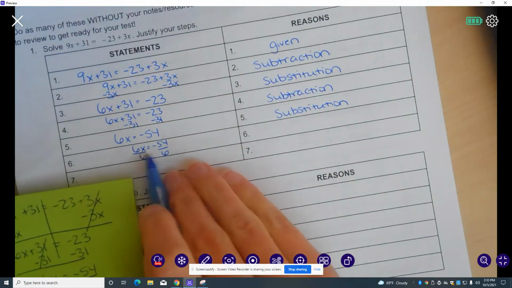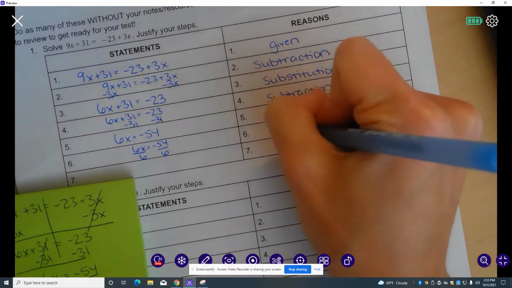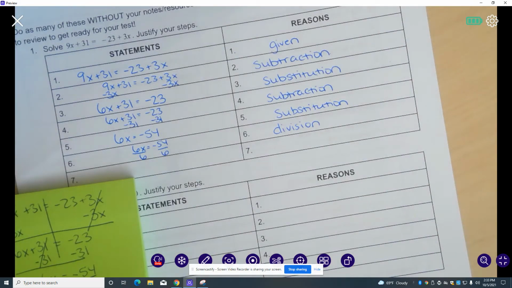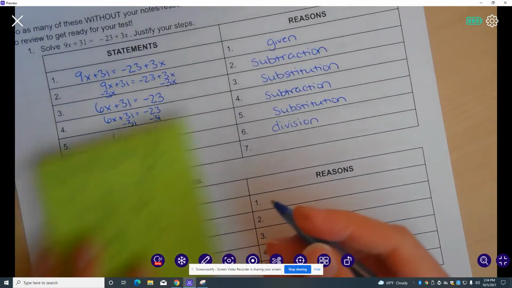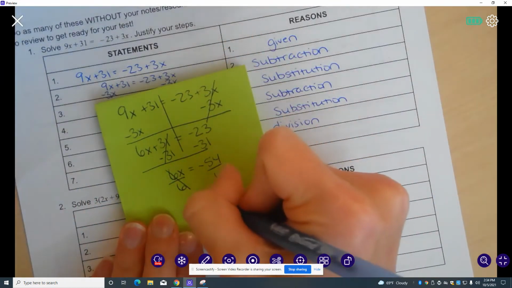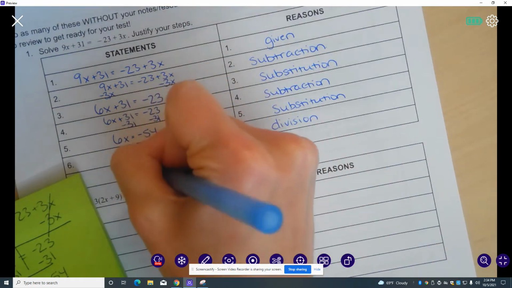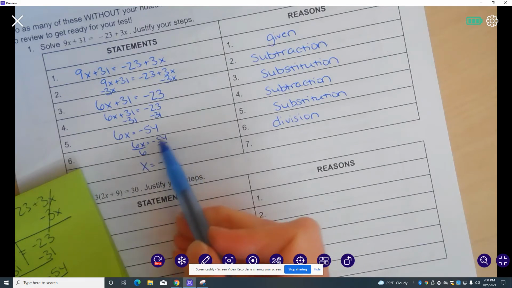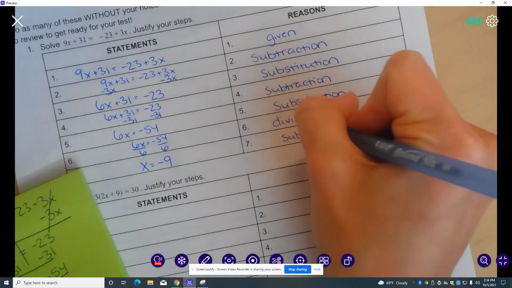Because I'm dividing both sides of an equation by the same number, I'm using the division property. When I do this division, I get that x is equal to negative 9. Okay. So since I canceled my 6's and simplified, I used the substitution property.